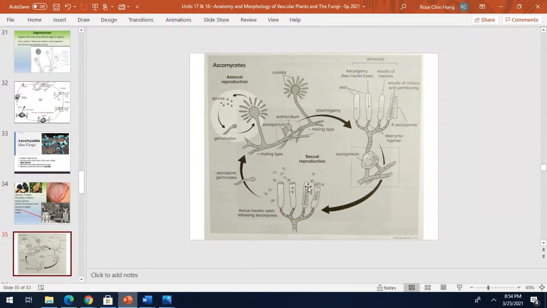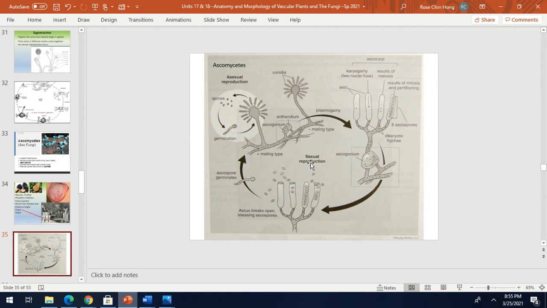And then what happens is once they find the right condition to germinate, they will develop again into these hyphae. And again, the whole cycle begins. So that is the sexual reproductive cycle of the ascomycetes.